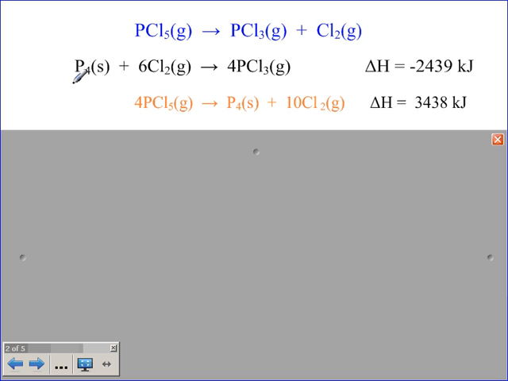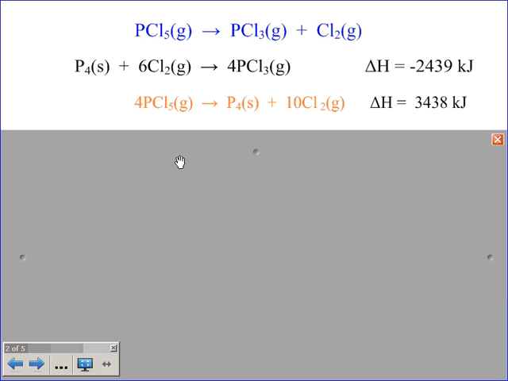The first one, in black, is P4 plus 6Cl2 reacting to form 4PCl3, with an enthalpy of negative 2,439 kilojoules, so this means it's an exothermic reaction. The other is 4PCl5 reacting to form P4 solid plus 10 chlorine gas, and its delta H is 3,438 kilojoules, so it's endothermic.